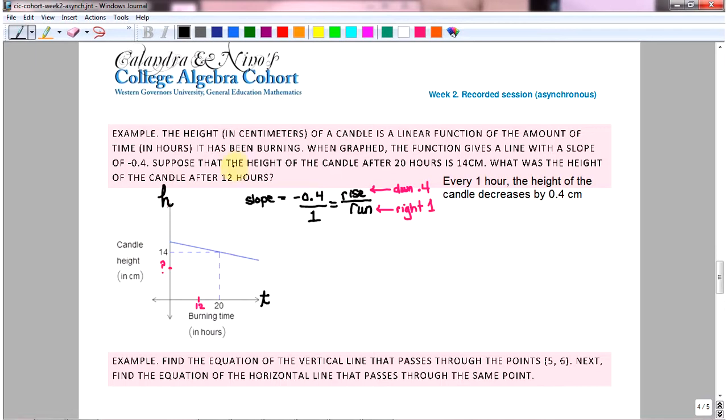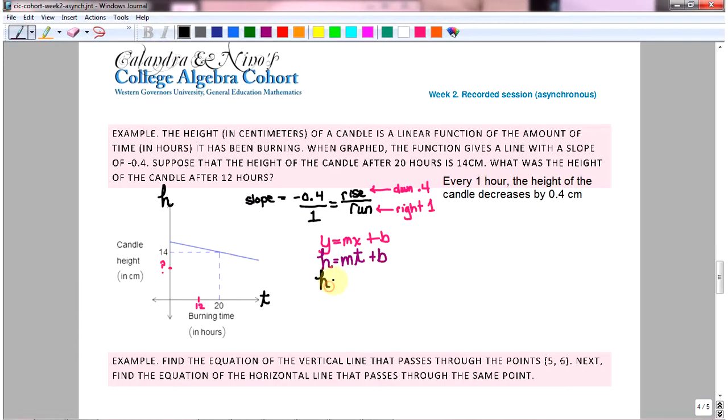So if we want to come up with an equation of our line, instead of y equals mx plus b, we're going to want h equal to our slope times our t value plus b.